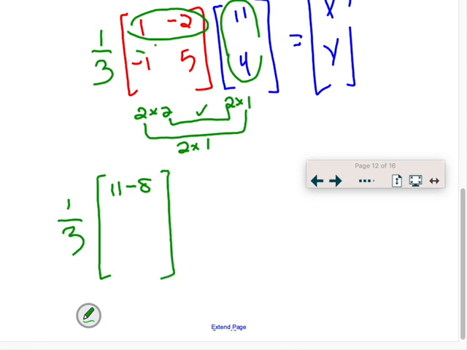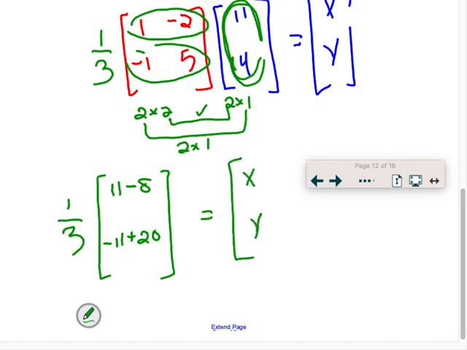And then we're going to multiply the second row to this column, right? So -1 times 11 is -11. 5 times 4 is 20, so we're going to add 20 to that, okay? And again, this is all equal to my variable matrix here.